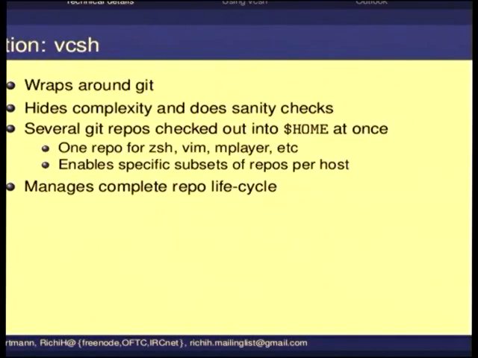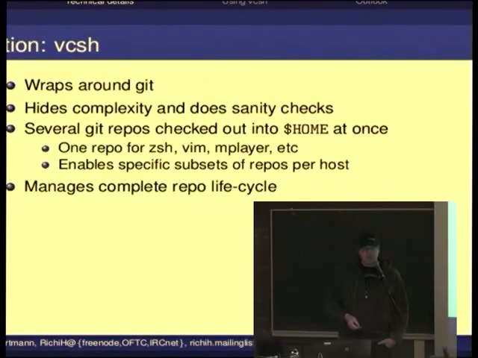So vcsh wraps around Git. It hides all the nasty stuff from you, and easily enables you to have several different repositories per whatever, either per program or per program set, or however you like to have it.